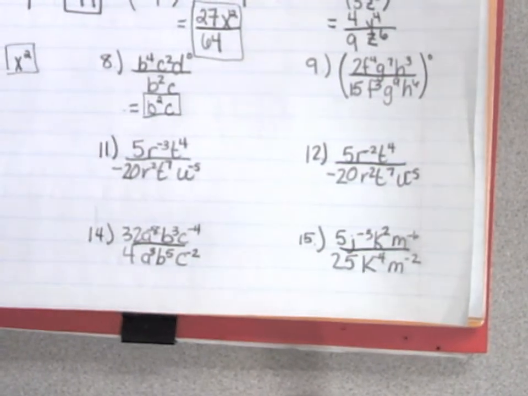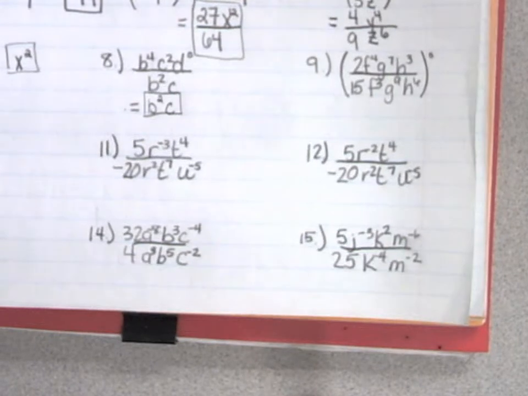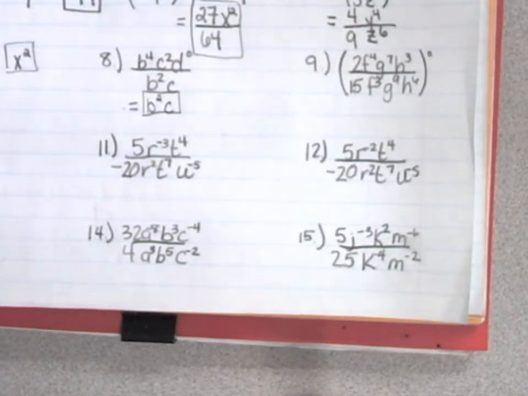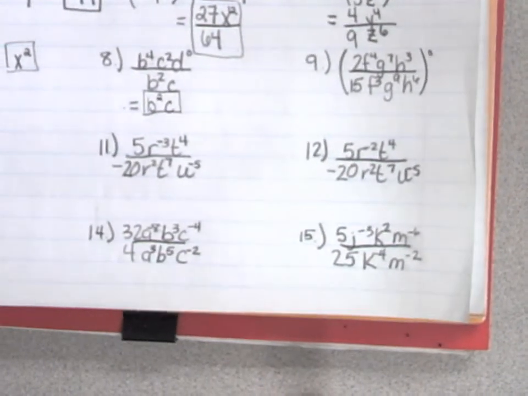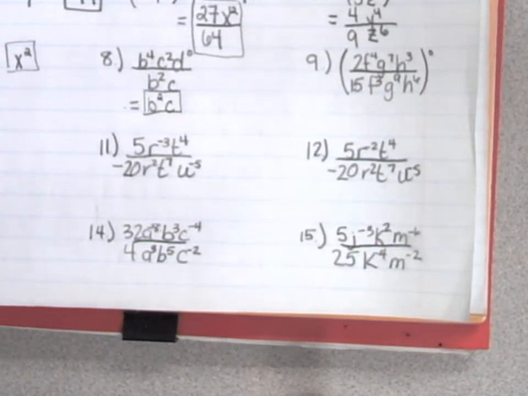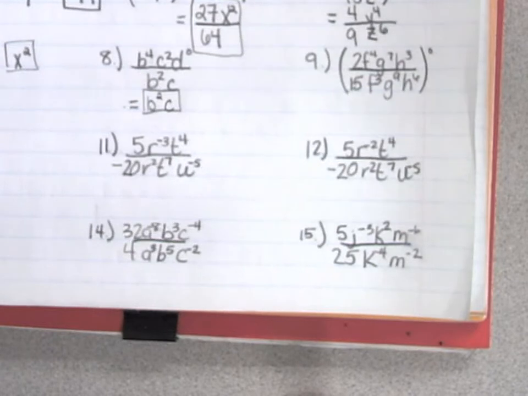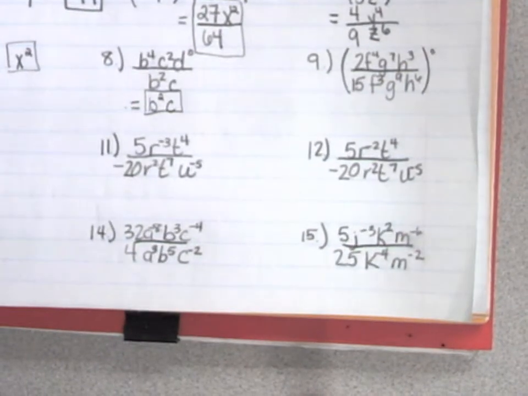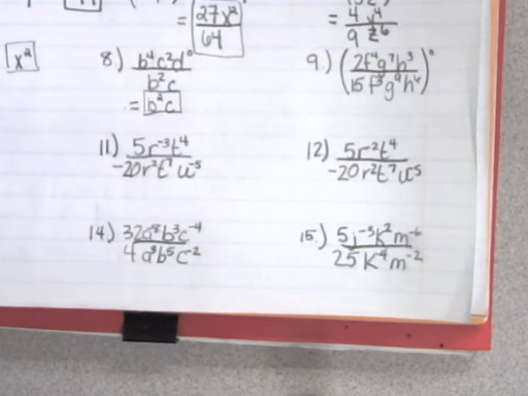The real question is, can you figure out his answer without breaking a sweat? That is the big question. 2, F to the 4th, G to the 7th, H to the 3rd all on top. 15, F to the 3rd, G to the 9th, H to the 6th all on the bottom, all in the parentheses, and there's a 0.